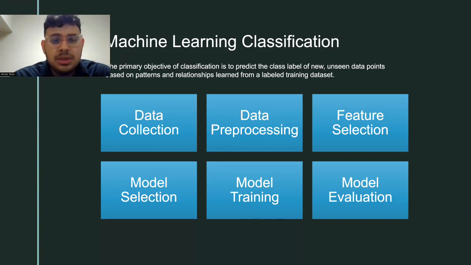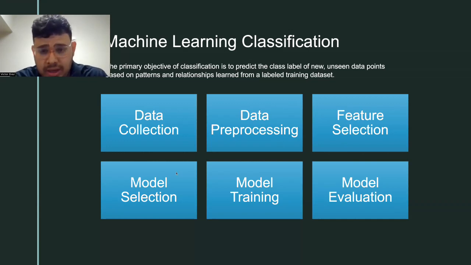Now, the basic schematic for machine learning would be: you collect data, you process the data, you select some features that you would like to look at, you select the correct model, you train the model, and then you evaluate it. So this all will depend on what you're looking at. It varies if you're looking at language or text-based material, images. It really depends on what you're looking at.